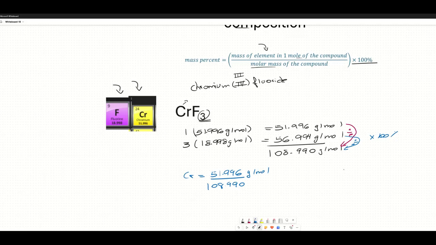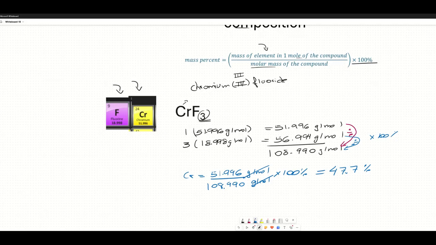Grams per mole cancels, times 100%. 51.996 divided by 108.990 times 100 will be 47.7%.